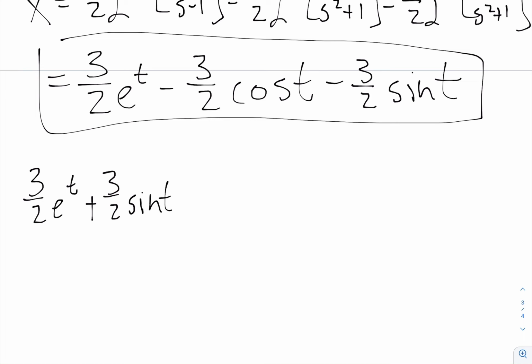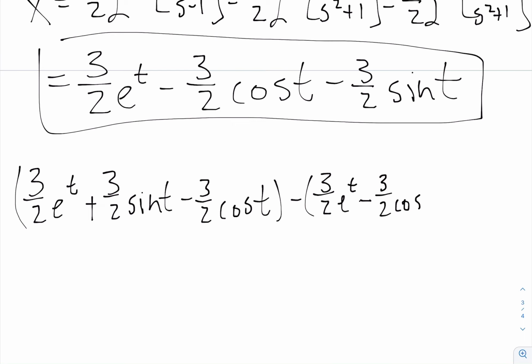And then we have the derivative of negative 3 over 2 sine t. So that's going to give us negative cosine. So it'll be minus 3 over 2 cosine t. And then when we're subtracting just x itself, minus 3 over 2 e to the t, and then we got 3 over 2 cos t, minus 3 over 2 sine t.